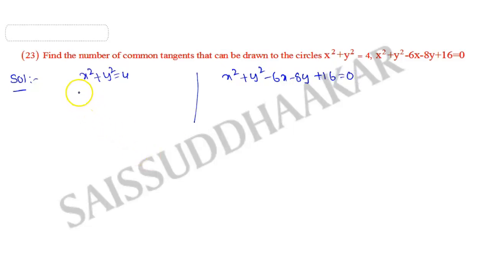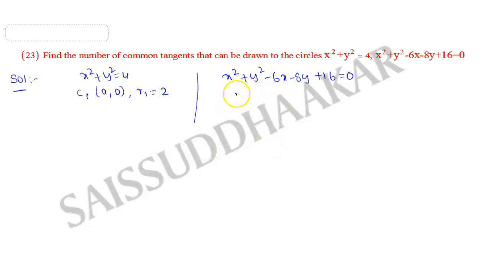For the first circle, center C1 is (0, 0) and radius is 2.